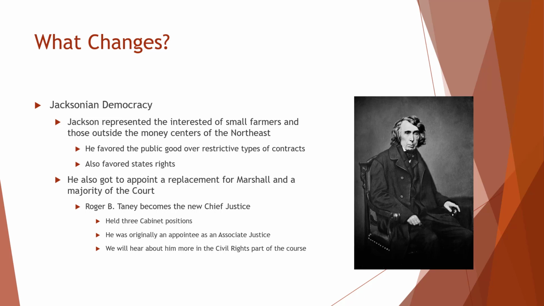So Jackson was not, let's say, the fan of the giant plantation owners, even though he was a slave owner himself and supported slavery, but he was more interested in people that lived more in what we called the West.